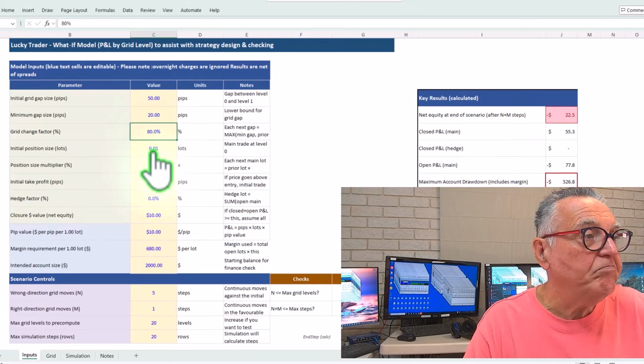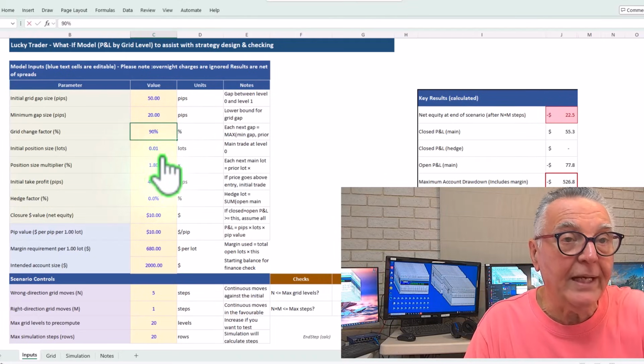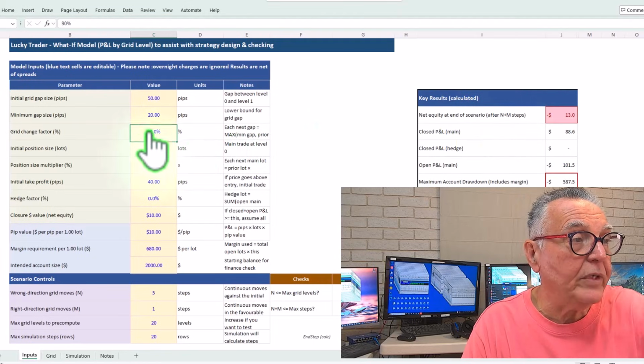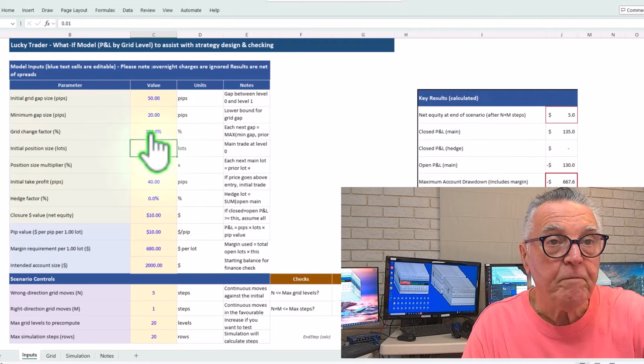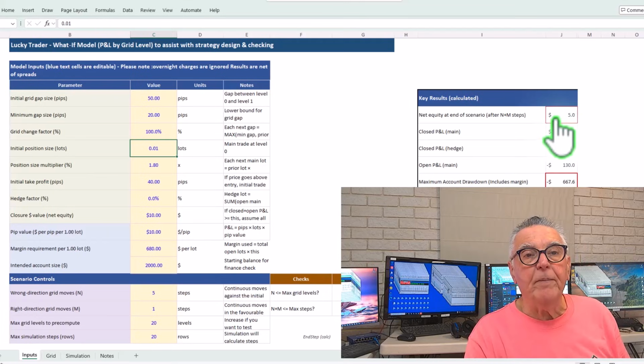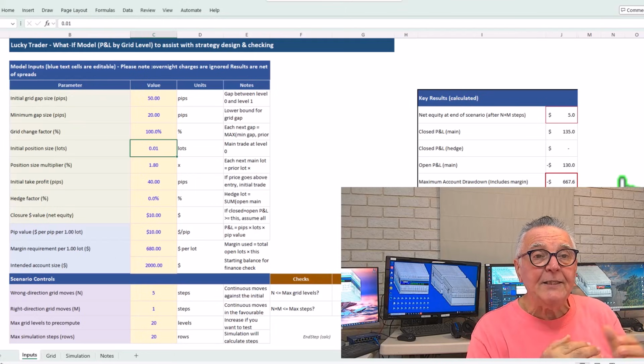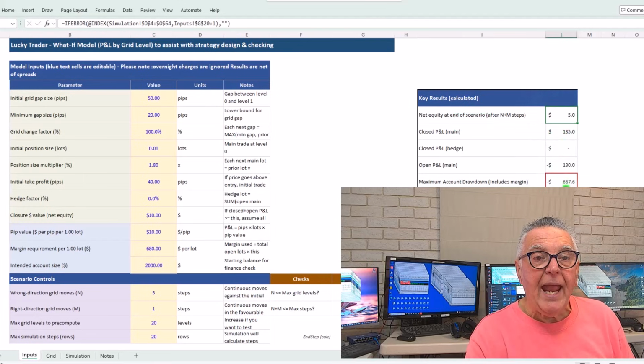Let's say the grid factor, let's make it 90. Let's see if that changes. Oh, that improved it. Do you see how that improved it? So let's make it 100. Oh, all right, now we've got a profitable result, but the drawdown is slightly higher. So that's what you can do, is you can start playing around with the settings to see how they impact profitability and the drawdown at the same time.